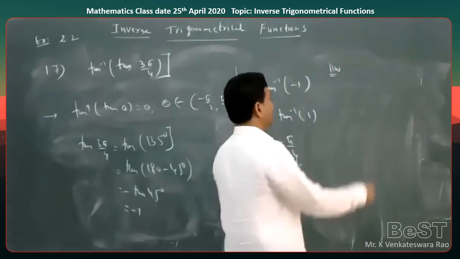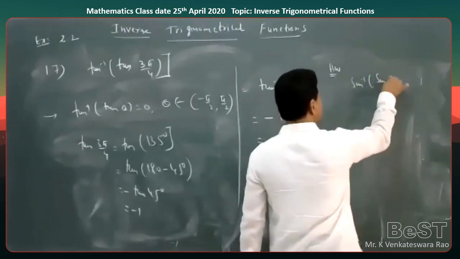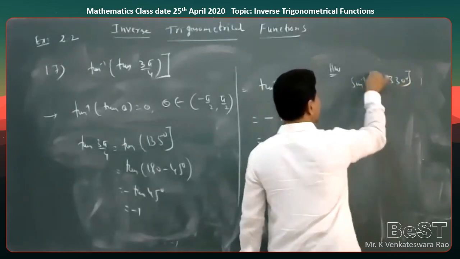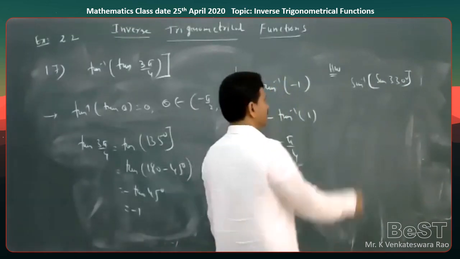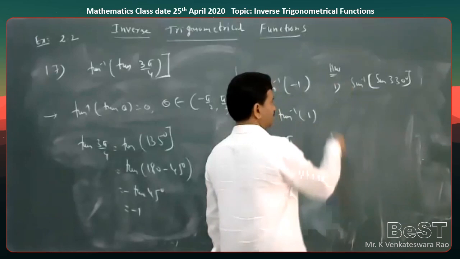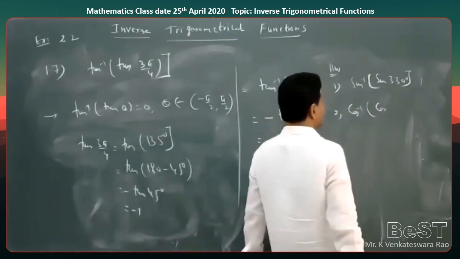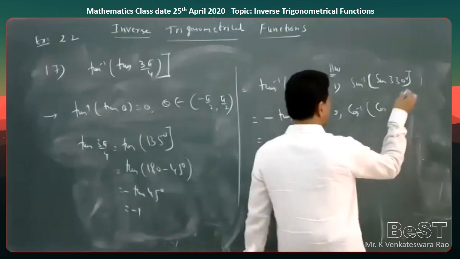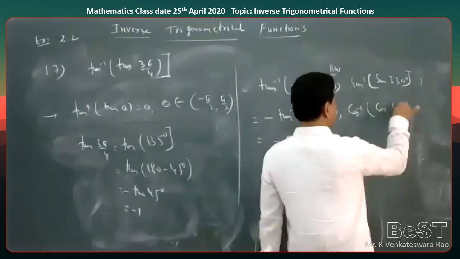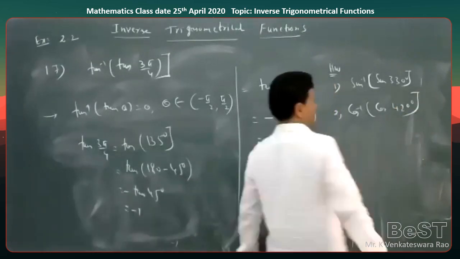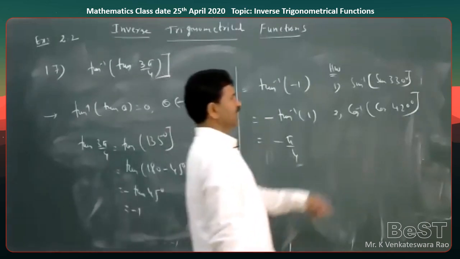Sine inverse of sine of 330 degrees. Find these values. Cos inverse of cos of 420 degrees. 330, simple.